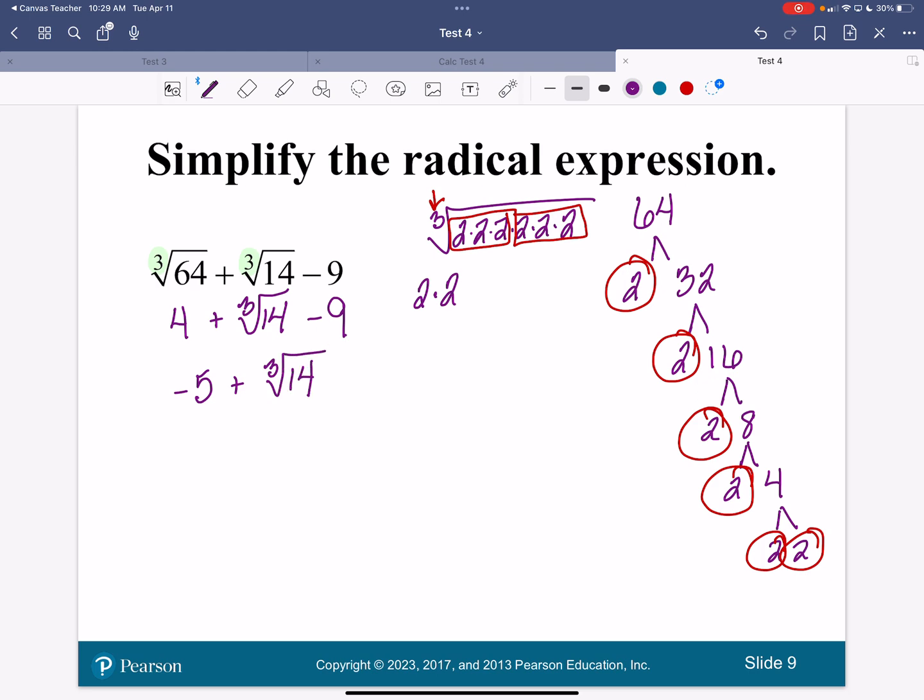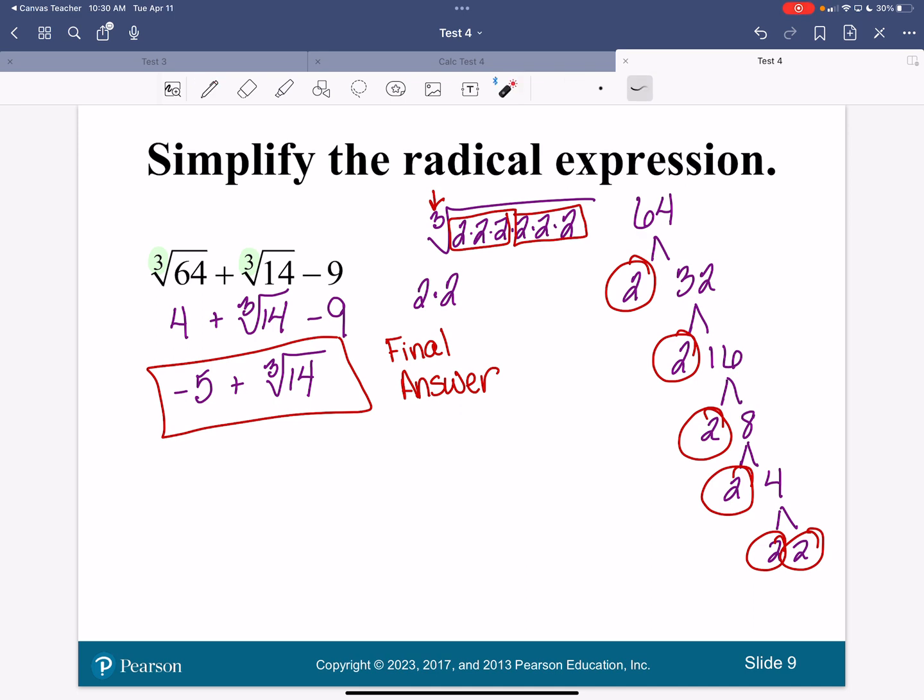Now, you cannot go any further. This right here is as simplified as it can be. That's my final answer. Right here. I can't do anything else. Okay? Because it doesn't have a perfect cube in it.